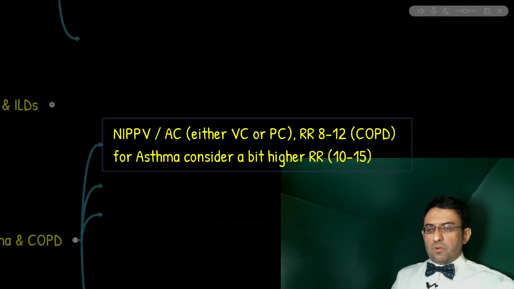Now, as you can see, even though we mentioned that the goal in hypercapnia is to increase indices of ventilation such as tidal volume or respiratory rate, here in the case of COPD, we have to be specifically cautious about the risks of barotrauma associated with increased tidal volume or the risks of increased dead space associated with increased respiratory rate.